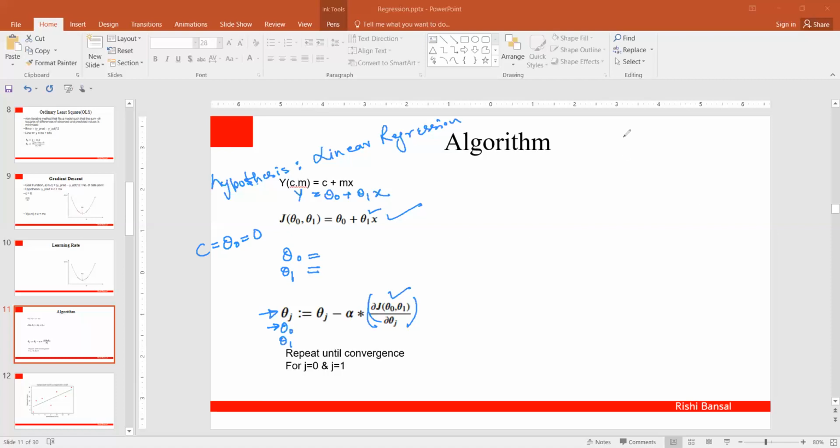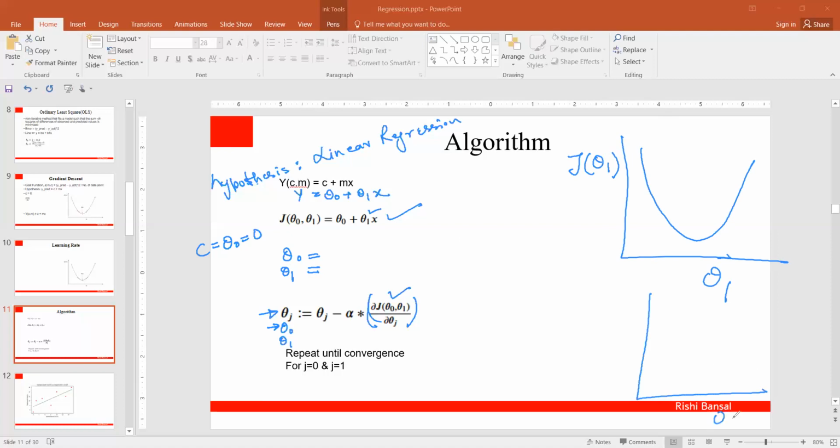When I showed you this, instead of m, now I'm writing theta 1, and this is j of theta 1. In a real scenario, theta 0 also will do the same thing. So if you have two coefficients, theta 0 and theta 1, it will do this for both, and both values will be calculated.